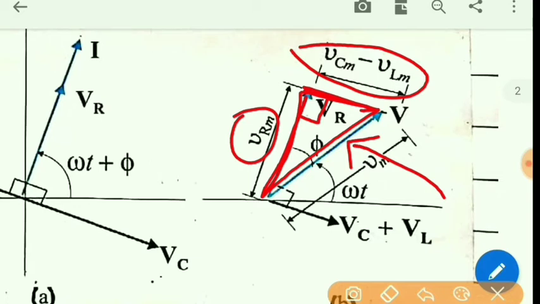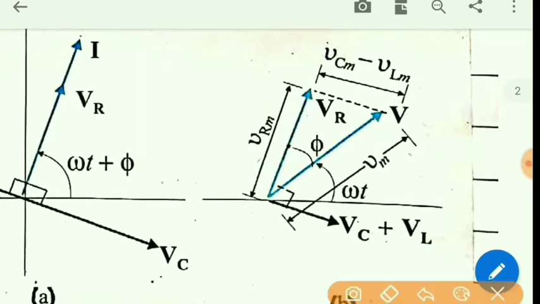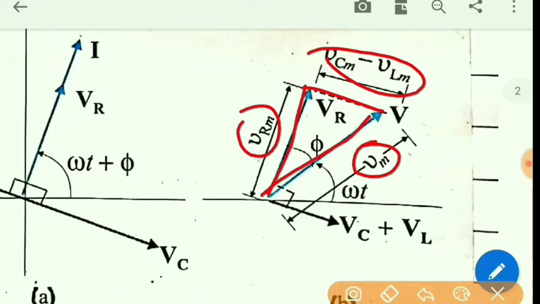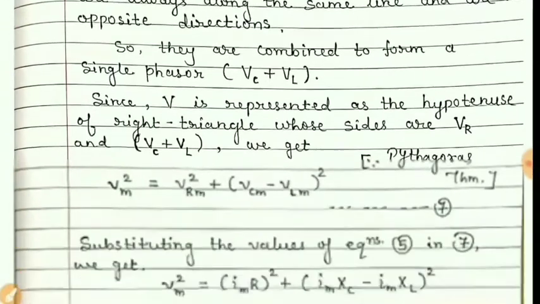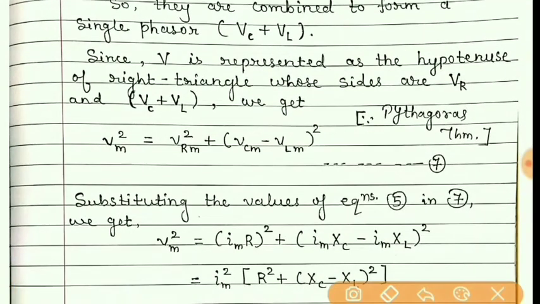So we can apply the Pythagoras theorem and write that this Vm square, that is this hypotenuse square, is equal to the sum of the squares of this as well as this. So we have considered the maximum values and written: Vm square is equal to VRm square plus (VCm minus VLm) square. So the Pythagoras theorem is applied.